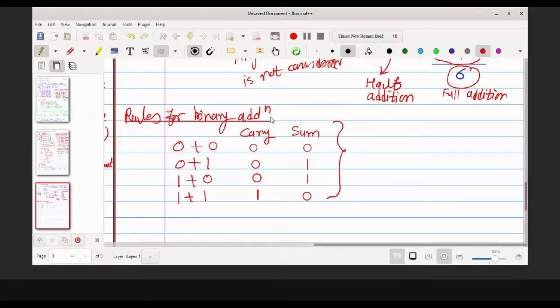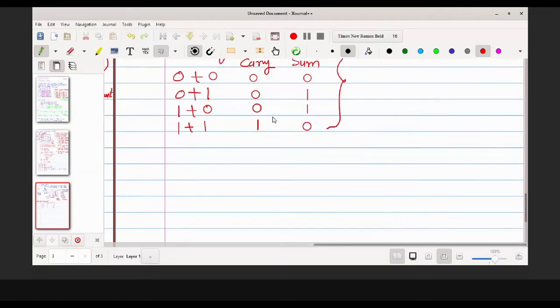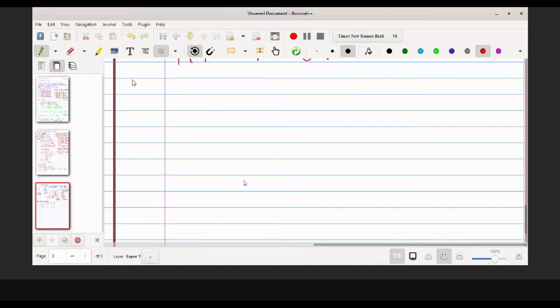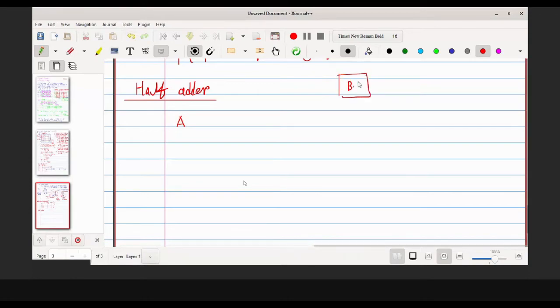Okay, so based on these rules, now let us generate an adder circuit. We will be doing the half adder first, and then we will jump into the full adder. So, the half adder circuit. Let's say I want to add 2 numbers, A and B. Basically, I am trying to develop a black box. There are 2 inputs, A and B, and I am going to get the outputs as sum and carry.